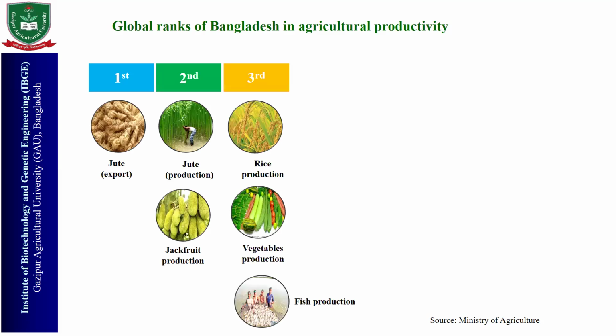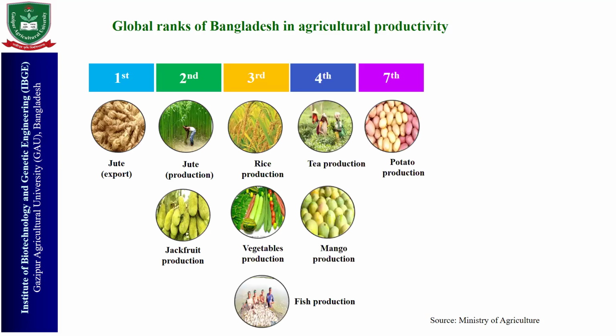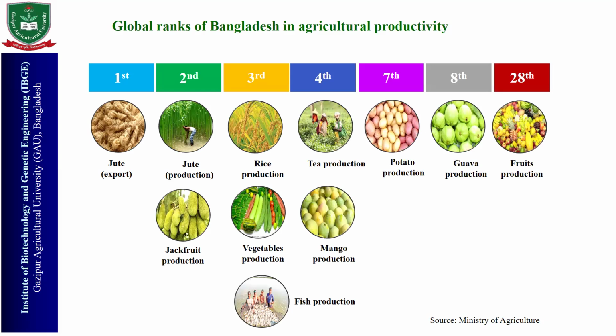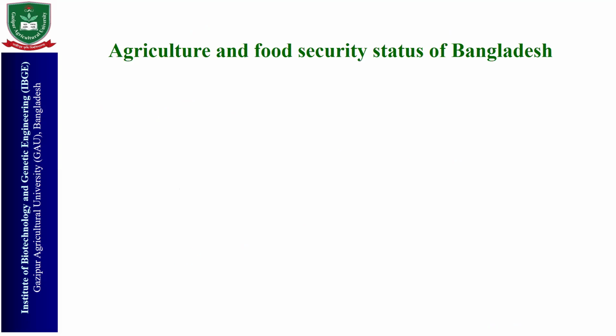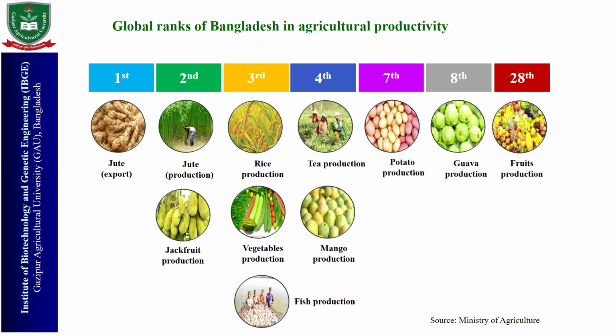In global perspective, Bangladesh ranked among the top 10 in major food crop production, even fruit production or potato production. But we have big challenges ahead because our population is increasing, our land is decreasing. Every year, around 1% of the cultivable land is decreasing due to development and other purposes.